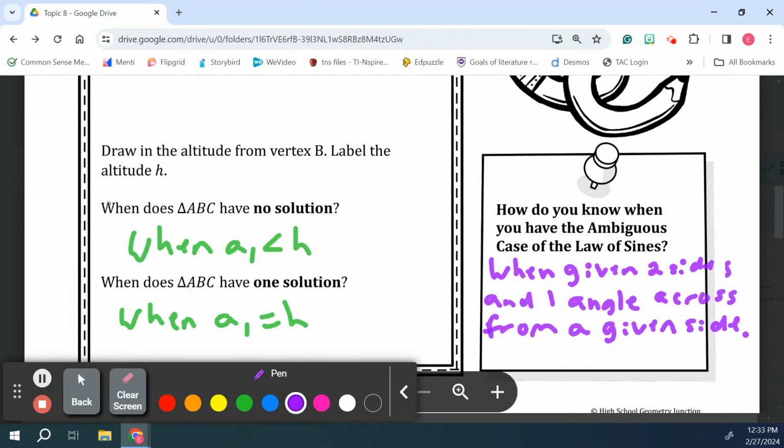Can anybody visualize it? It was the no-no one to prove triangle congruence. Which one was the no-no? Side angle. Yep. So this is side angle.